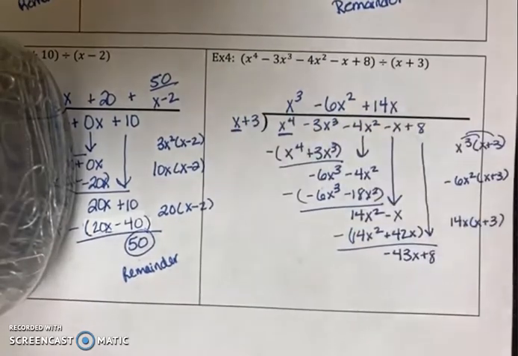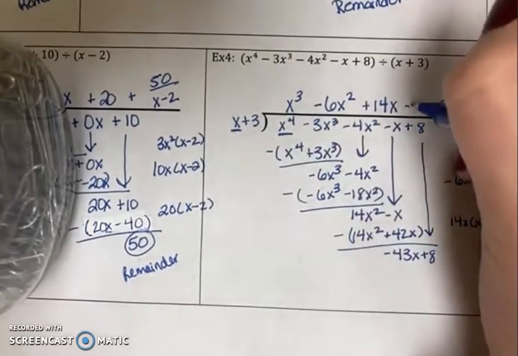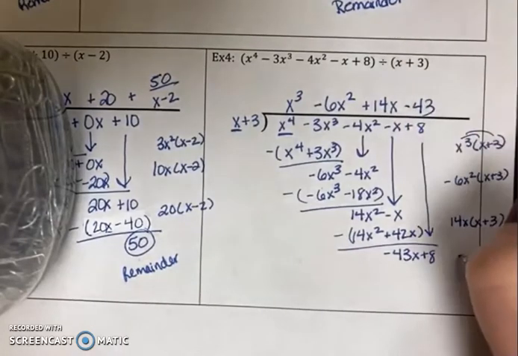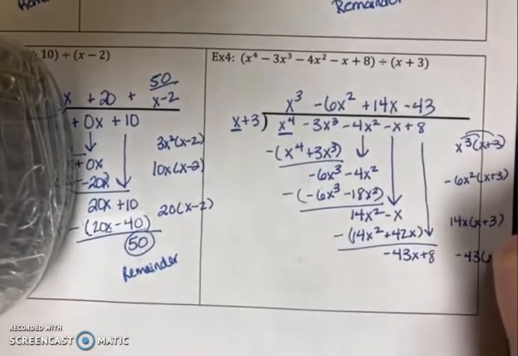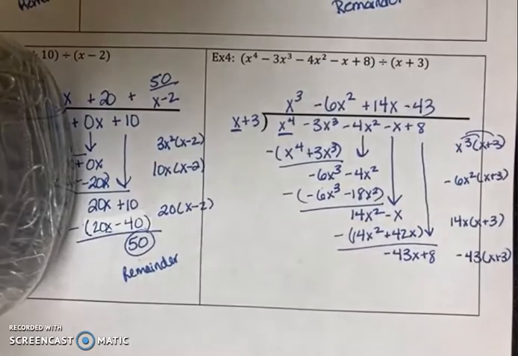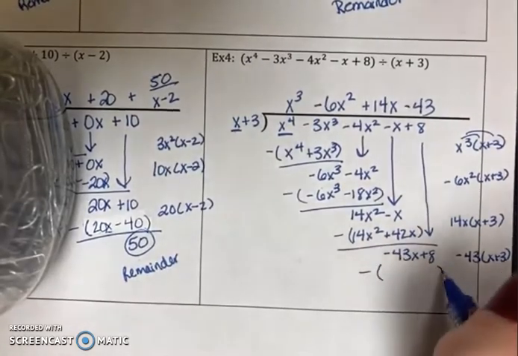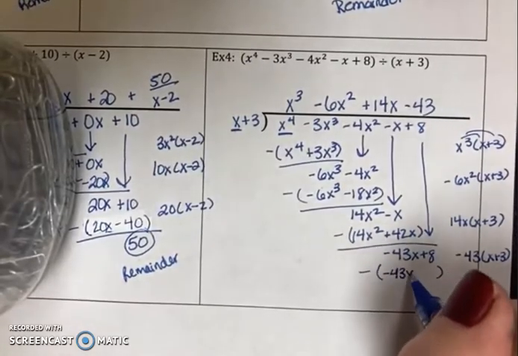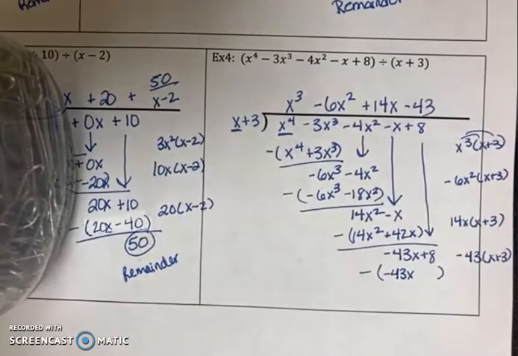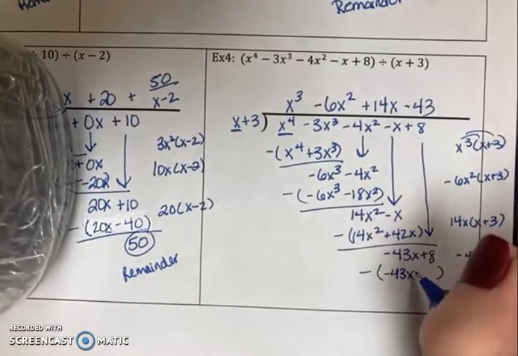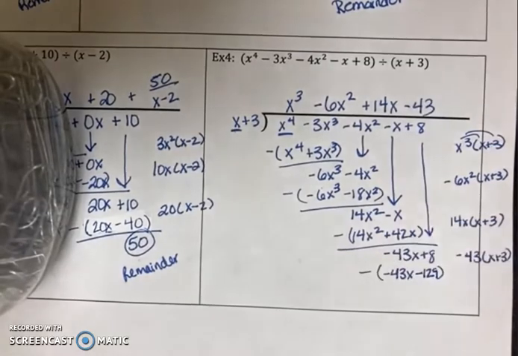X times what would give me a negative 43x? The answer is a negative 43. So I have negative 43 times x plus 3. I'm going to be subtracting a negative 43x, and then negative 43 times 3 would give me negative 129.